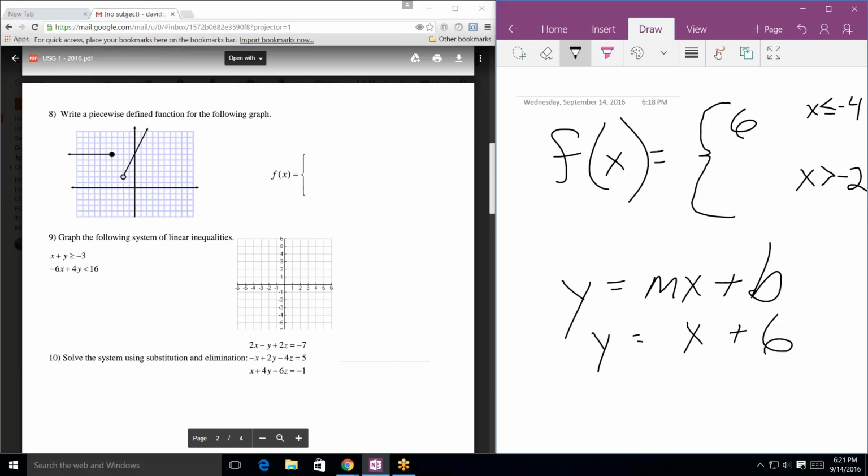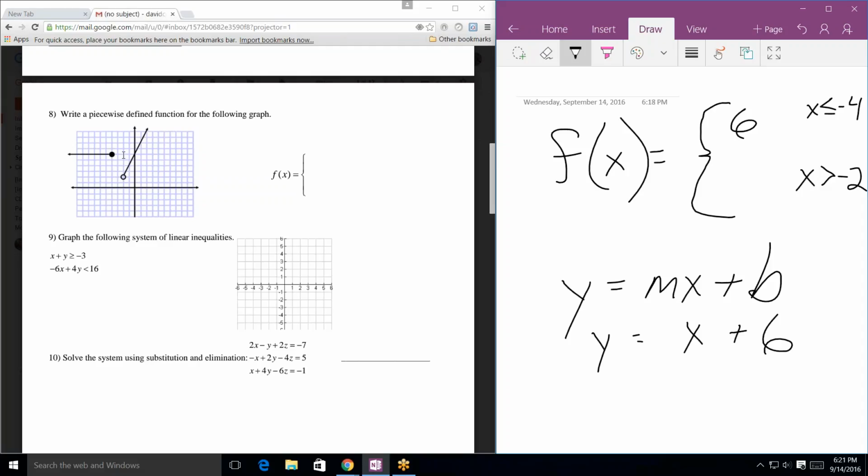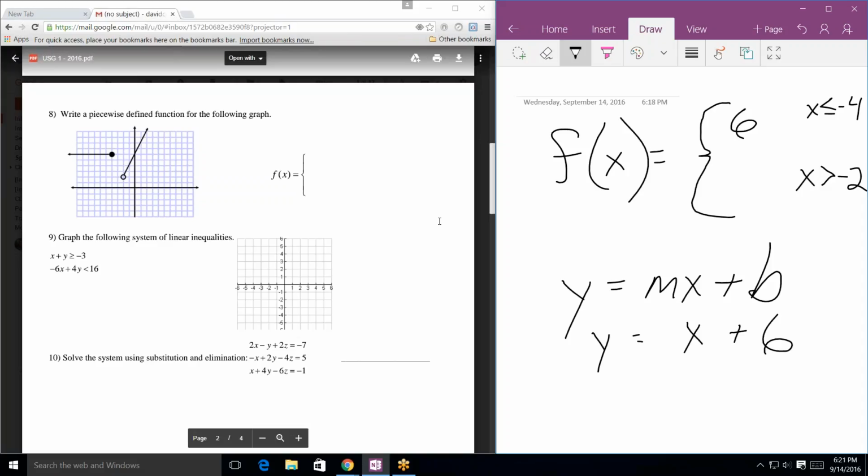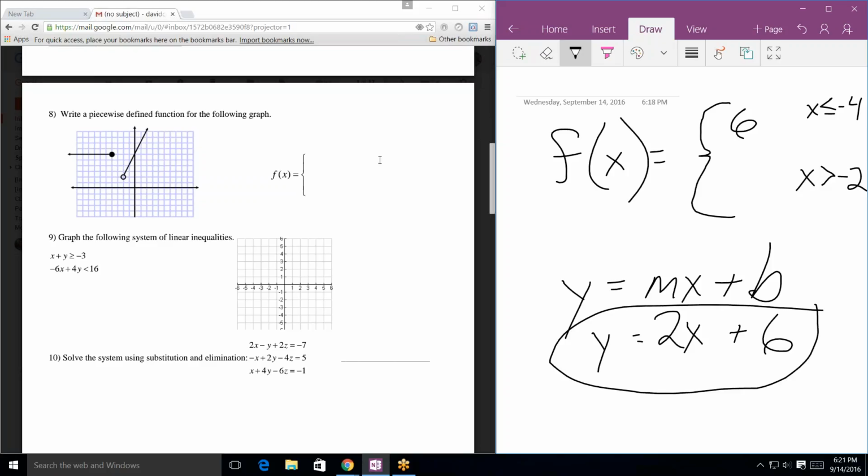It would be 1/2. How many up do I have to go? It would be 2/1. So the slope is 2. So that is the equation of that line we're looking at. Only I don't need the y because I've already written f of x, so that would be 2x plus 6.